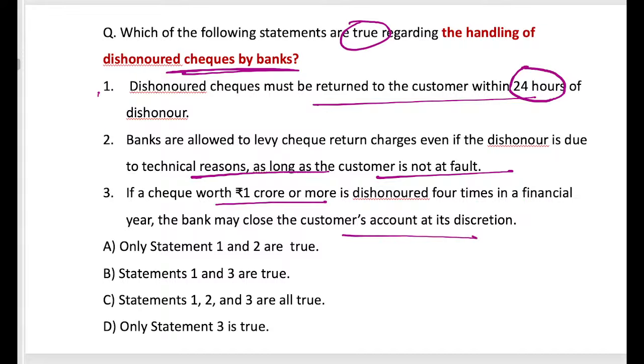Okay, it is easy. So this is true, and the bank will, the customer will not be accountable in that case. So 1 and 3 means option B. Option B, okay Priyanka ma'am, option B.